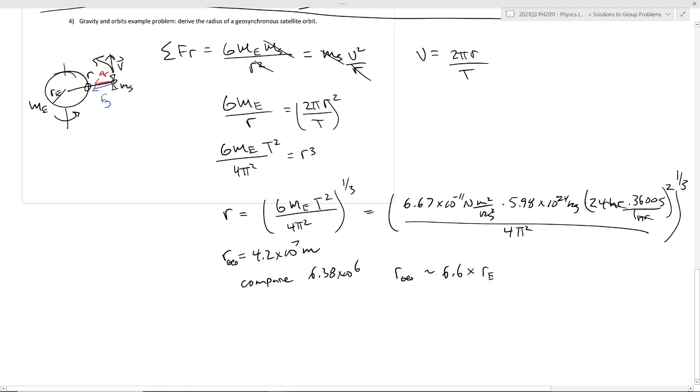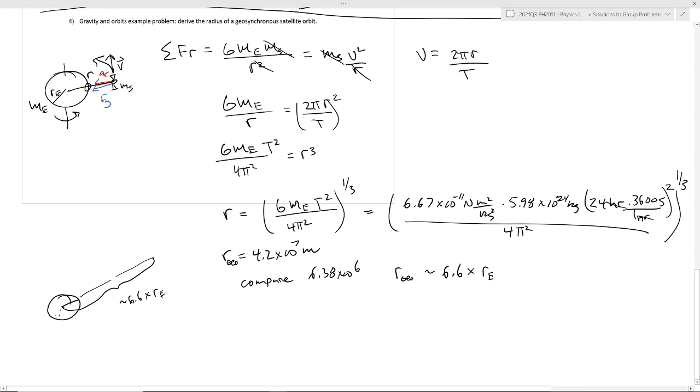So in other words, my picture here is not very accurate, not very well to scale. Compared to the radius of the Earth, if I can draw a brace here, this would need to be about 6.6 times the radius of the Earth.